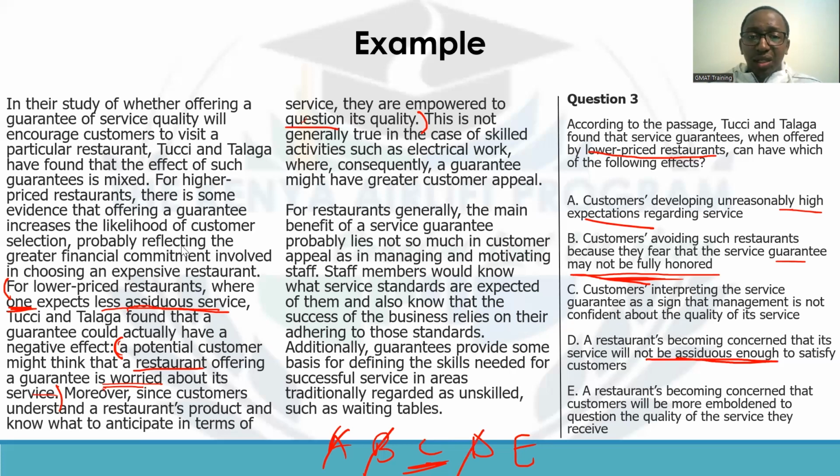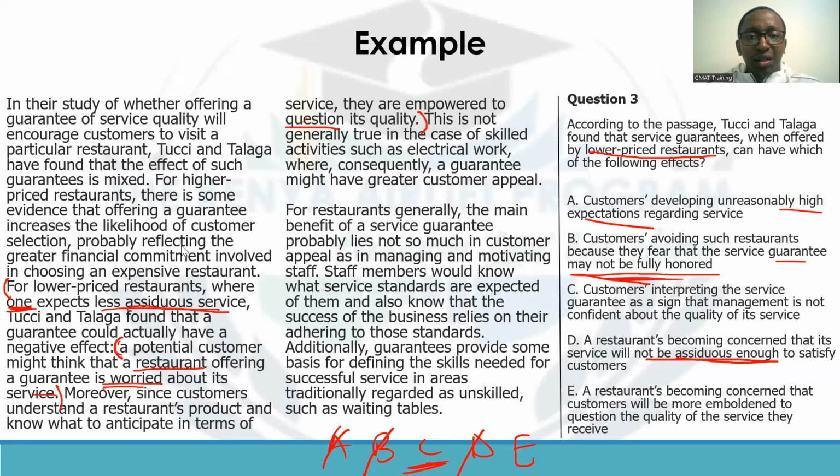E, restaurants becoming concerned that customers will be more emboldened to question the quality of the service they receive. We see that the customers are the ones that question the quality of service that they receive. Here it is the restaurant who is becoming concerned that the customer will be more inclined to question the quality of service.